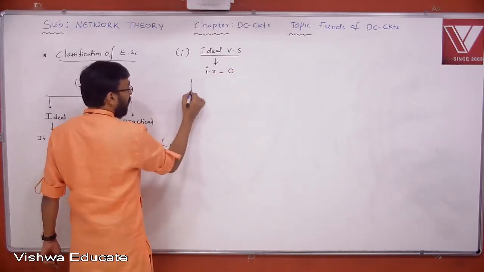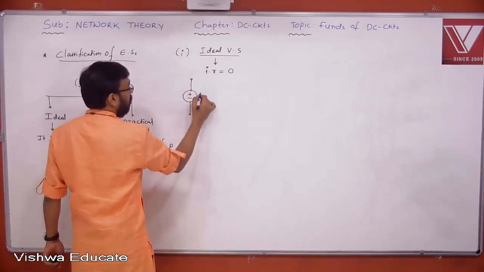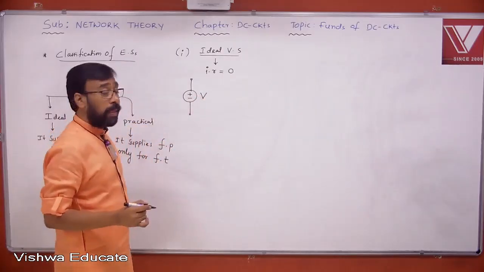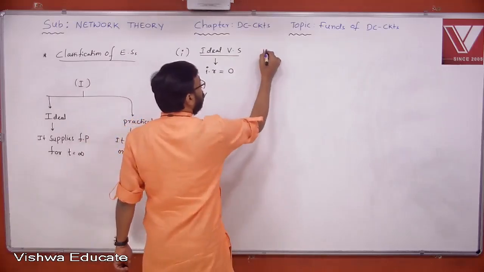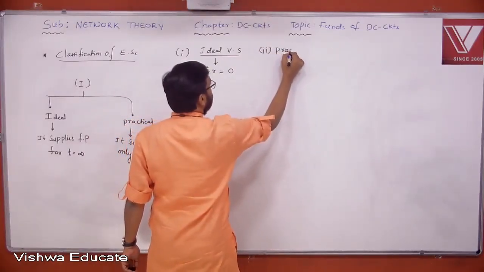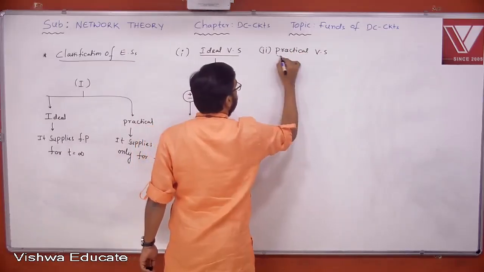What is the representation of the voltage source? There are so many representations, but let me give you a standard one. A DC type source will be represented with V. Now, what is a practical voltage source? A practical voltage source is something like this.